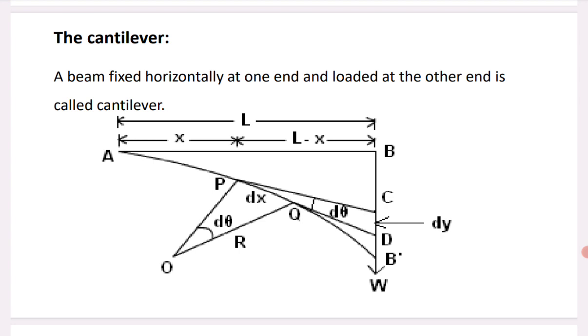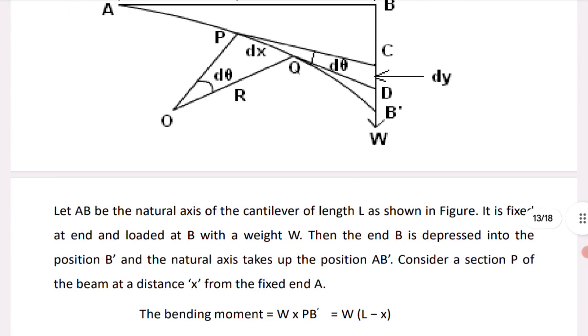When you draw the radius of curvature from the points P and Q, they will meet at point O, where R is the radius of curvature and d theta is the angle subtended. Then dx is the length of the arc. If you draw the tangents from the points P and Q, they will meet at points C and D, where dy gives the depression from point P to Q. So this is the diagram of the cantilever.